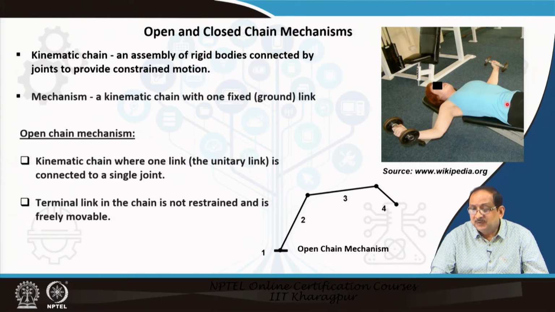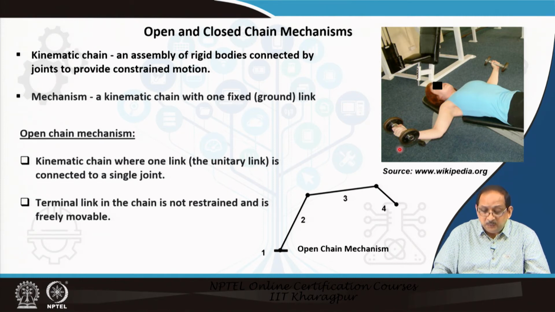So, in this example, you can see the end of the forearm is free to move, whereas the other end at the shoulder is considered to be fixed. So, this is an example of an open chain mechanism.